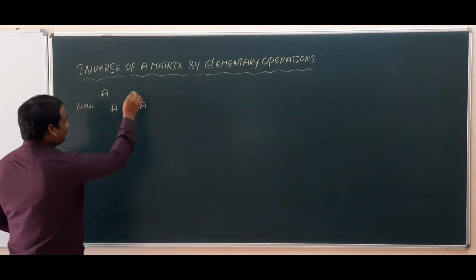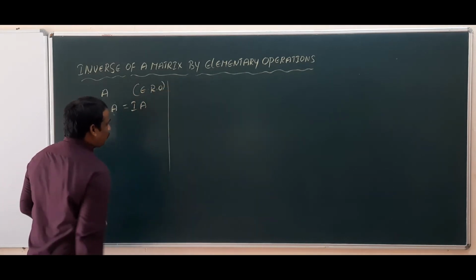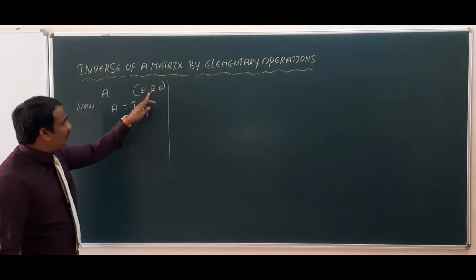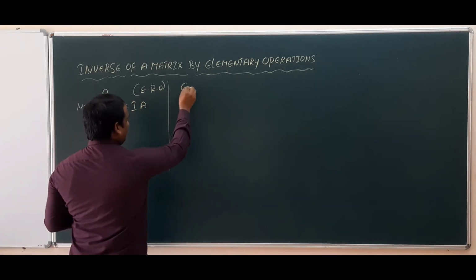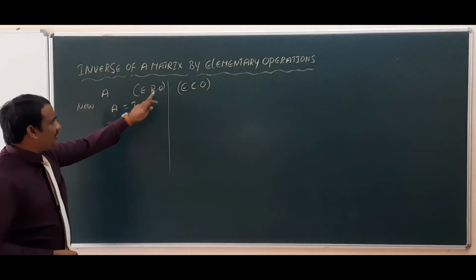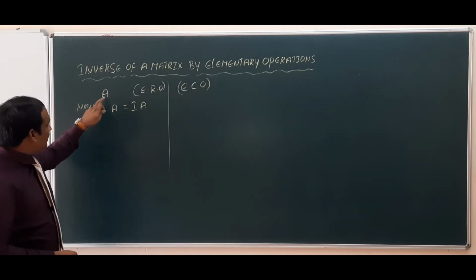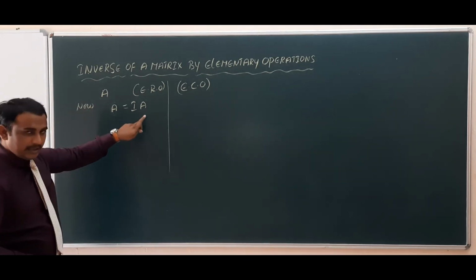This is using elementary row operation. First, given A is a non-singular matrix, you take the condition A equal to IA.